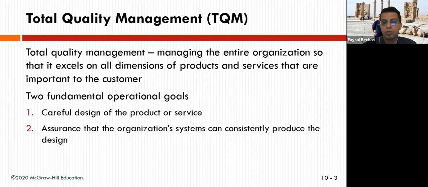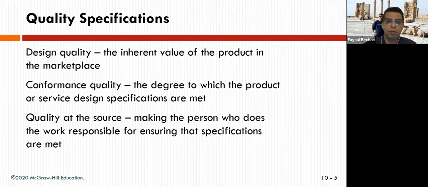So if you want to produce, say, a certain bread with a certain taste or level, you carefully design it in a way that the customer likes it. But the other thing is that your bread should always be like that, consistently produced in that way. So these are two fundamental issues for the operational goal.